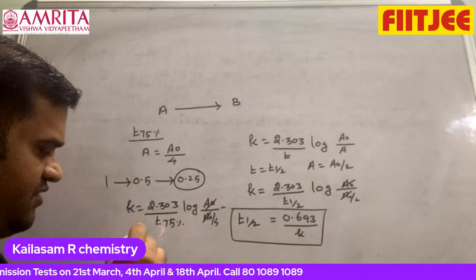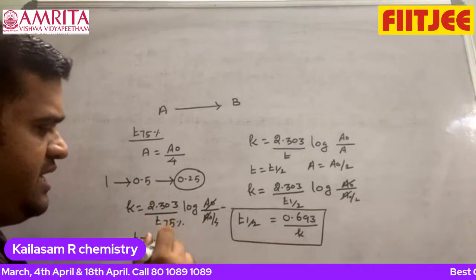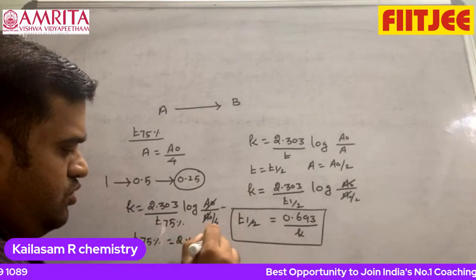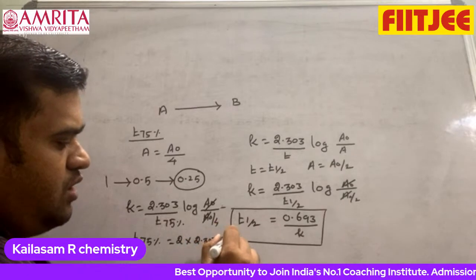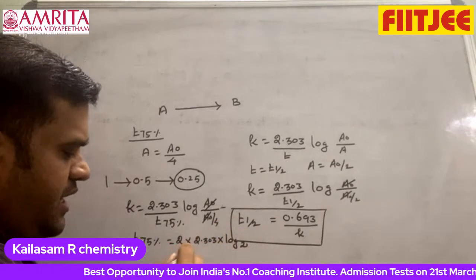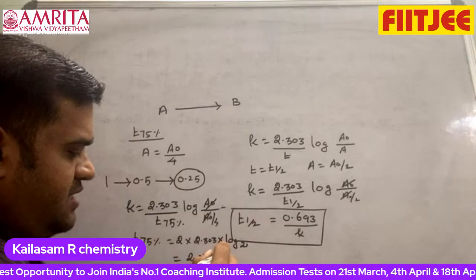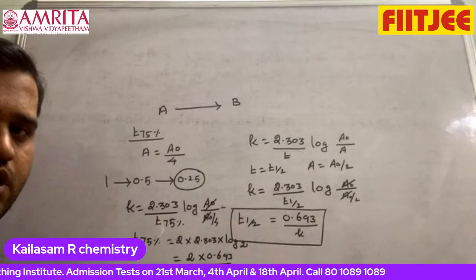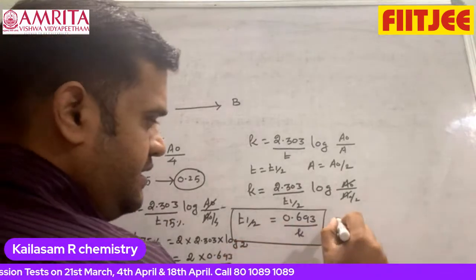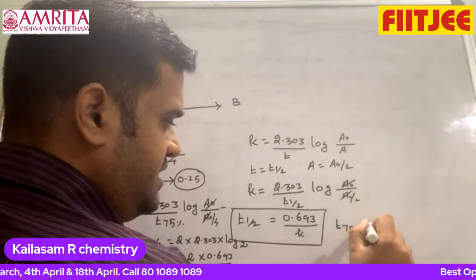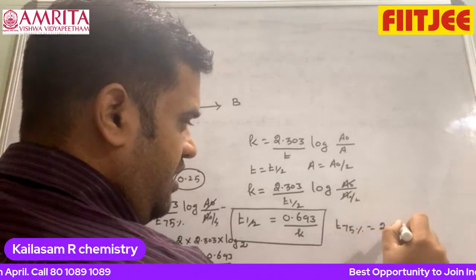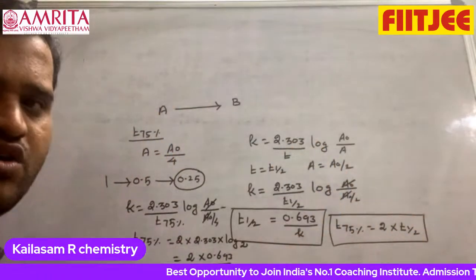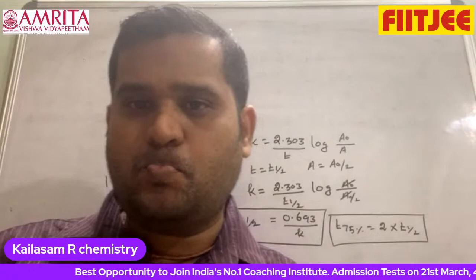Therefore T 75% is equal to 2 into 2.303 into log 2, so I can write 2 into 0.693 by K. That means T 75% is equal to 2 times T half. This is for first order kinetics.